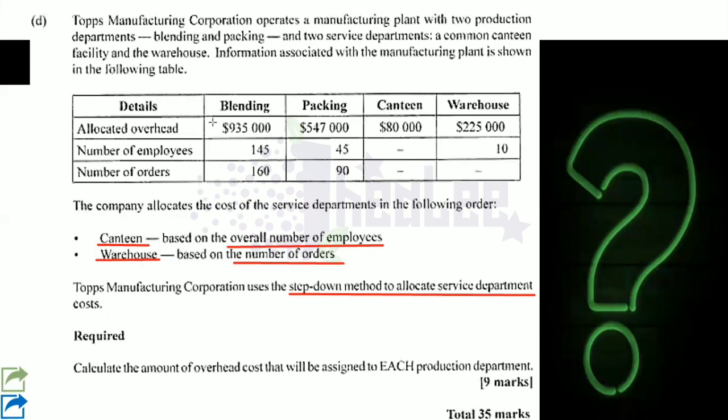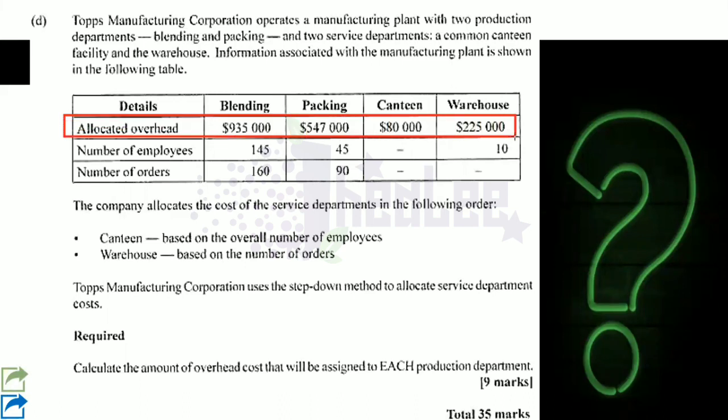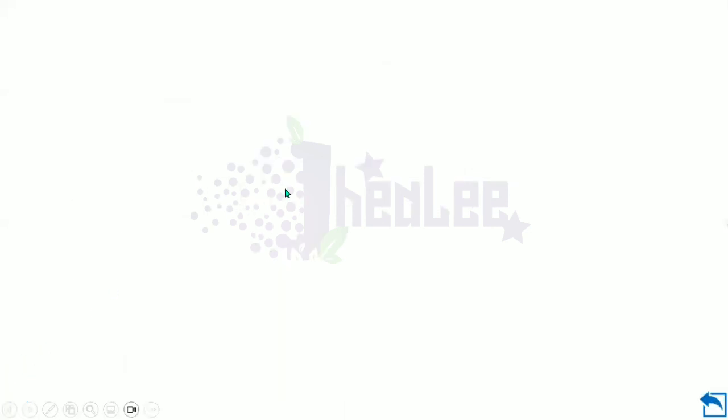So we're going to be looking at our workings for that. The first thing that we need to do is to create a table, and we're going to pick up the allocated overhead for each department first.